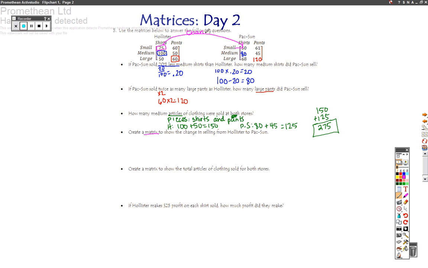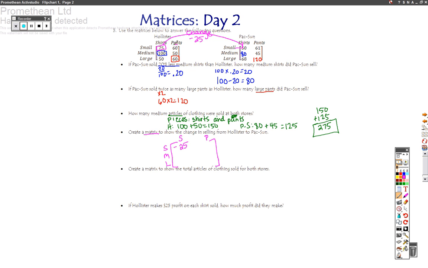The change is minus 25. If I look, 75 minus 25 equals 50. So I'm going to do shirts and pants, and I have small, medium, and large.